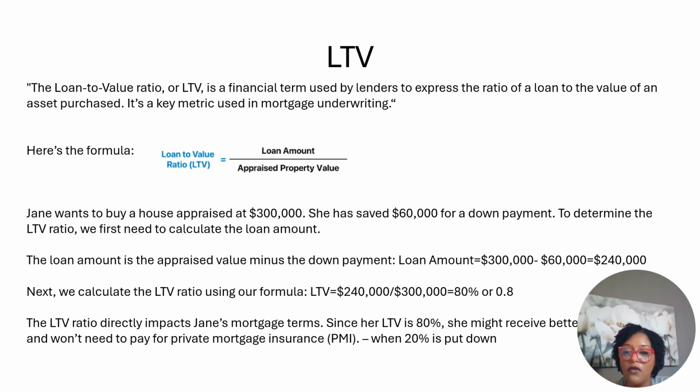You move the decimal 2 times to the right. That will give you the actual percentage. And that is how you get it. So her LTV is 80%. So also, and I put a note down there, if you are putting down 20% or more, you do not have to pay PMI or private mortgage insurance.